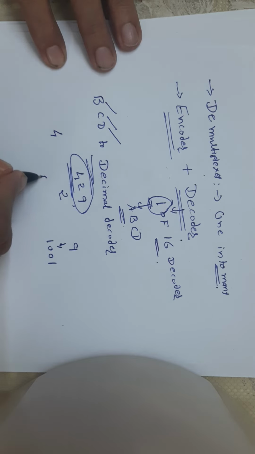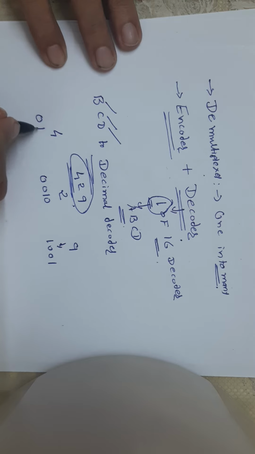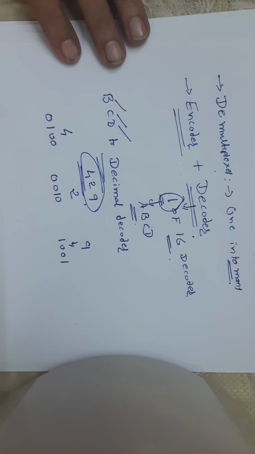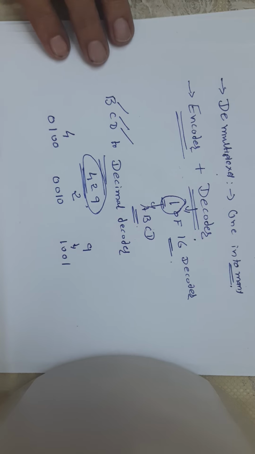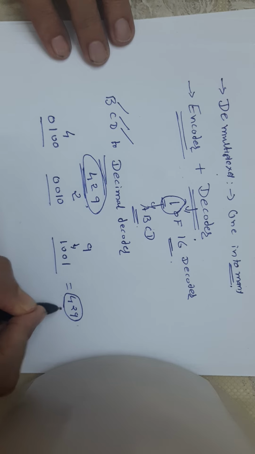So the BCD code is 0100 0010 1001, and its equivalent is 429. We can say the output is equal to 429.